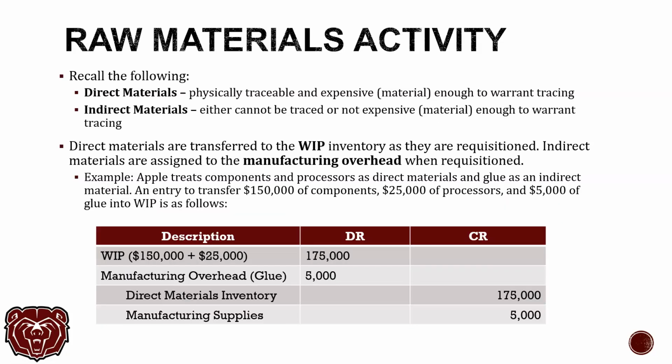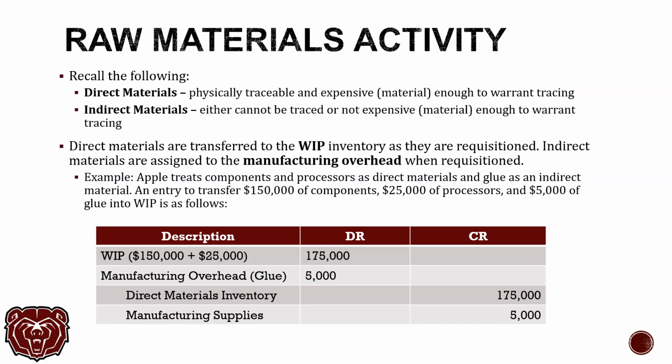So let's take a look at the raw materials activity here. Let's recall the following things about raw materials. The direct materials are physically traceable and expensive or material enough to warrant tracing. Then you have these things called indirect materials. They either cannot be traced or they are not expensive or material enough to warrant tracing back to the good.